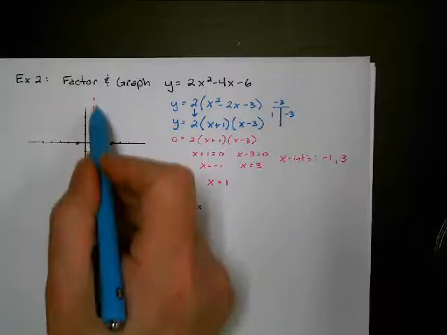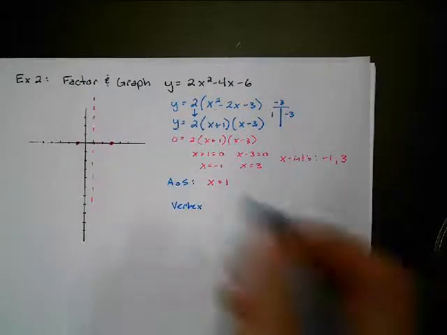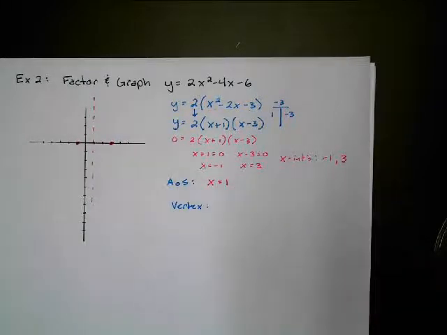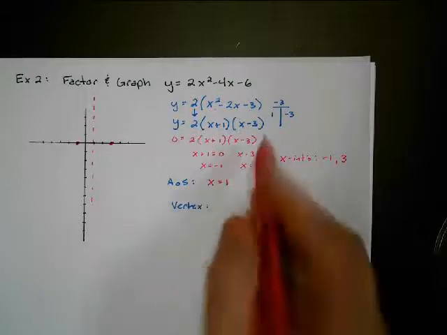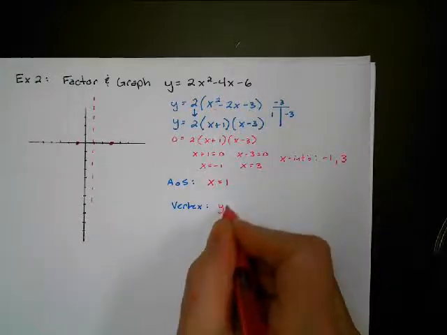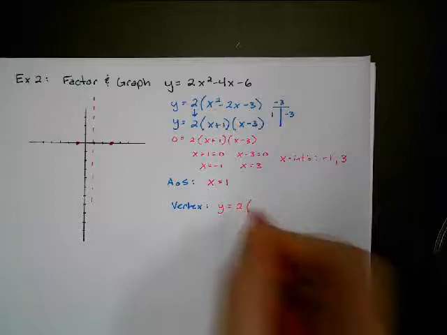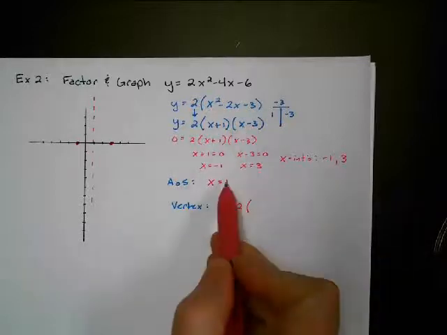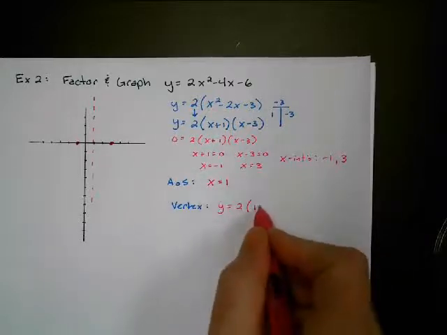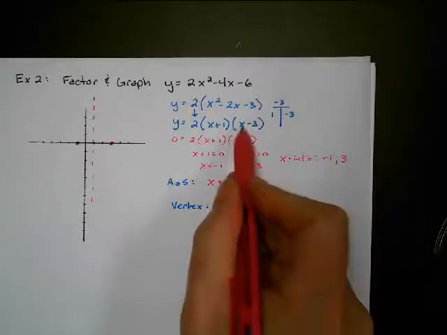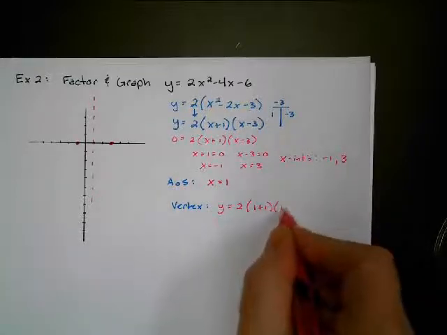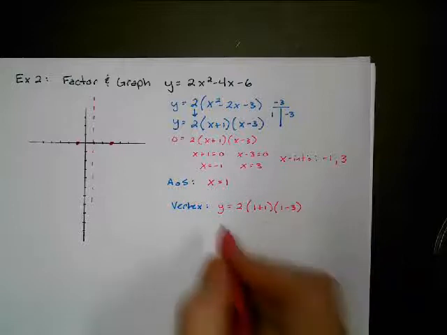So I'm going to take our equation that we made up here. So that's y equals 2. And instead of these x's, I'm going to plug in 1. So this would be 1 plus 1, and this would be 1 minus 3. So this is 2, this is 2, and this is -2.